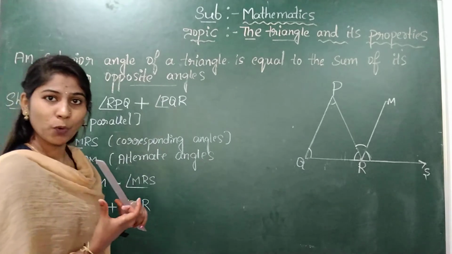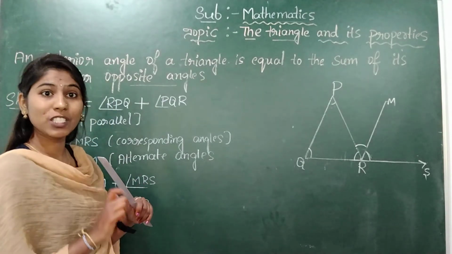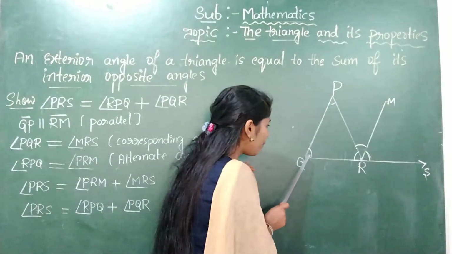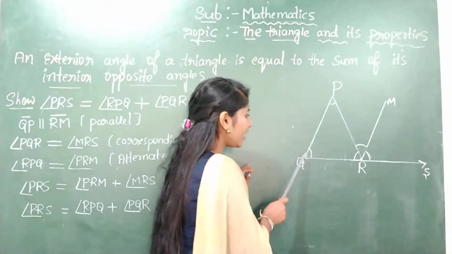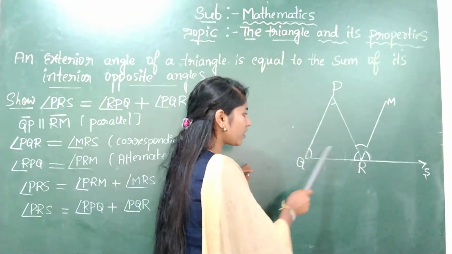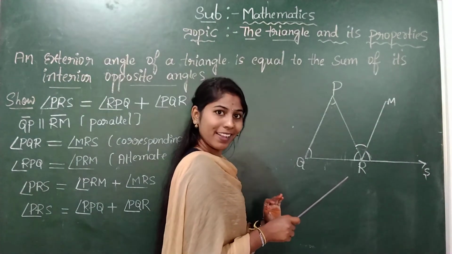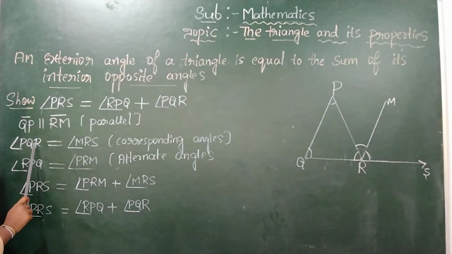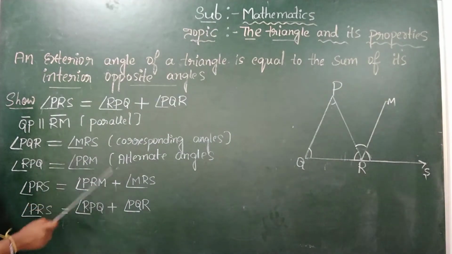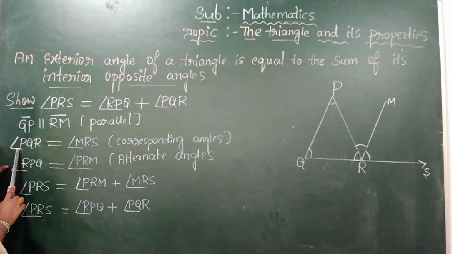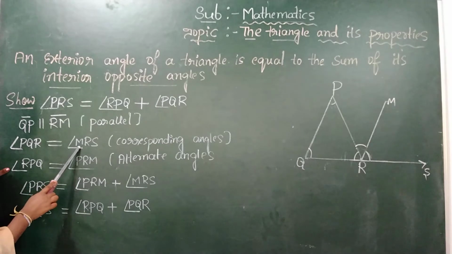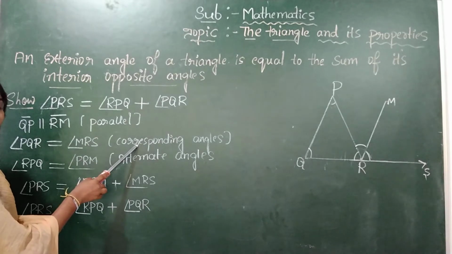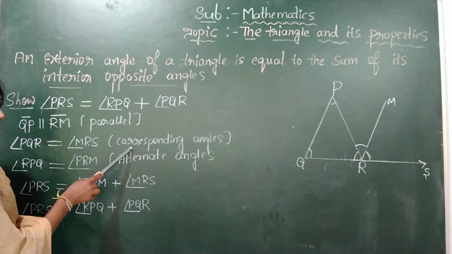QR is a transversal, and those are parallel lines. So we can tell that angle PQR is equal to angle MRS. Are you agree? Yes, exactly. Because those are corresponding angles.